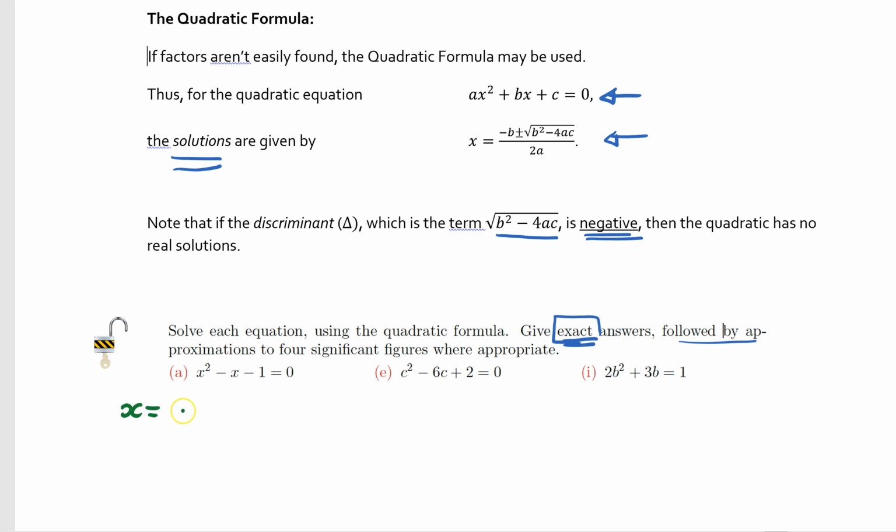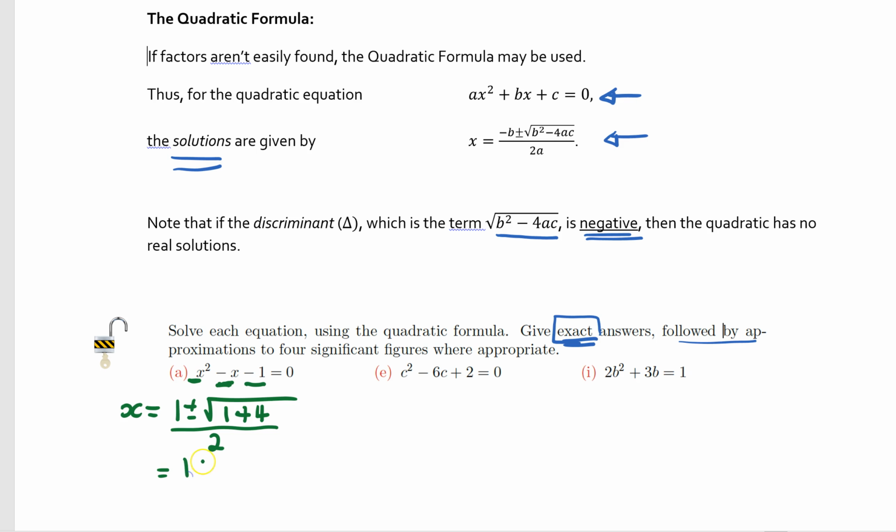What are they? Well, they're given by our quadratic formula. So it's minus b, the coefficient of the x term, so that's -1, plus or minus the square root of b squared, so that's -1 squared, which is +1, minus 4 times a, which is 1, times c, which is -1, so that would be -4, so 1 minus -4 ends up being 1 plus 4, and that's all over 2a.